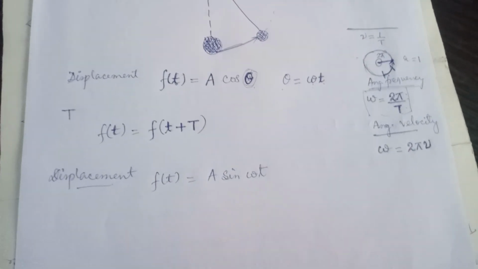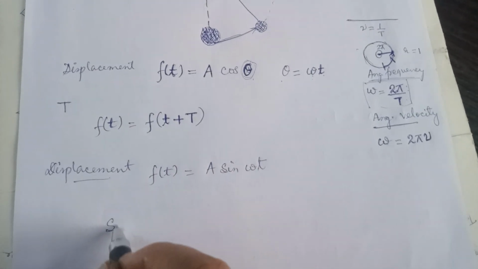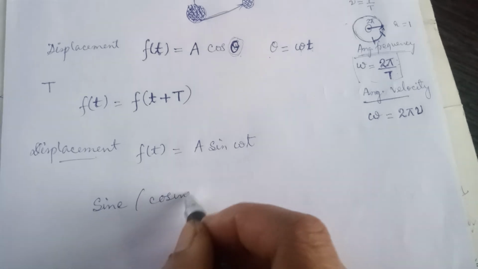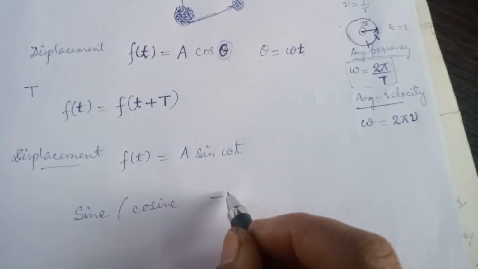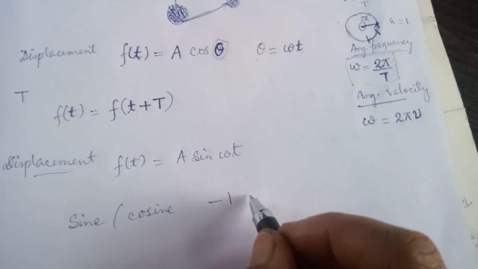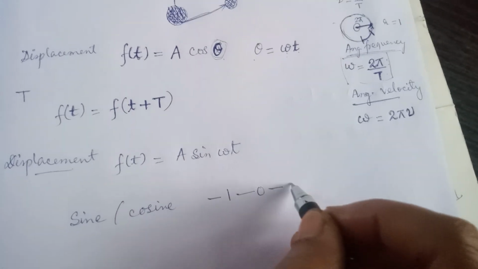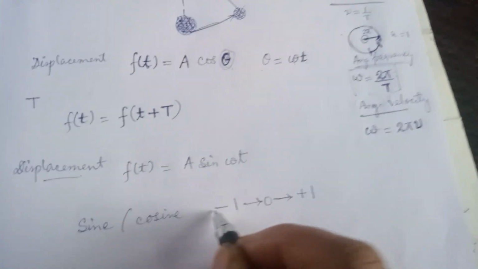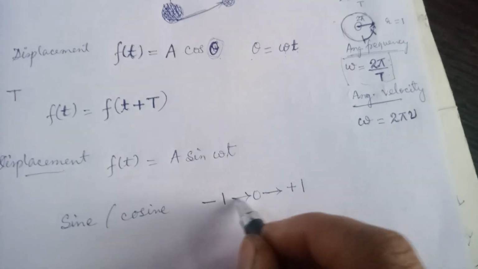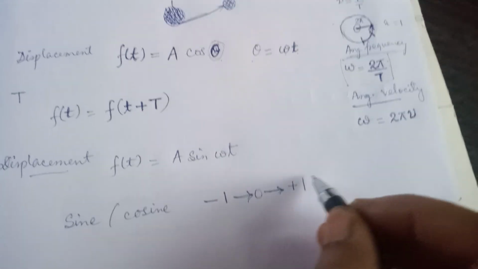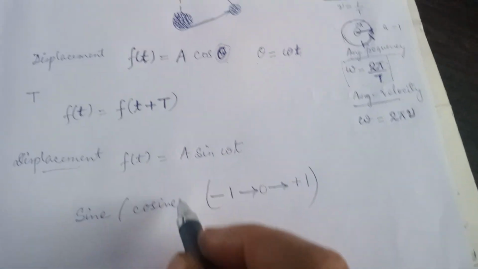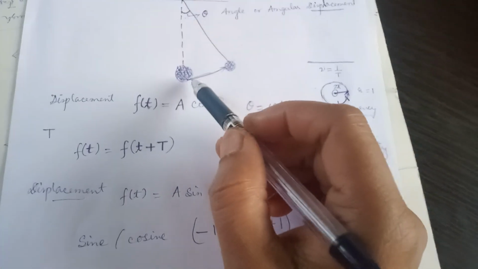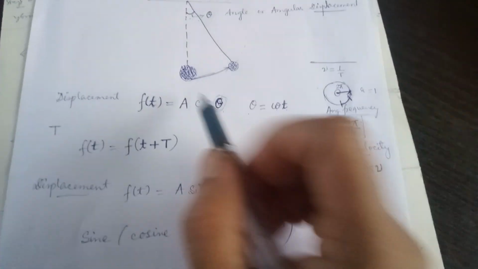Because I already told that sine value and cosine value varies from -1 through 0 to +1. Okay, -1 value through 0 to +1. So this is exactly similar to the motion of the pendulum.